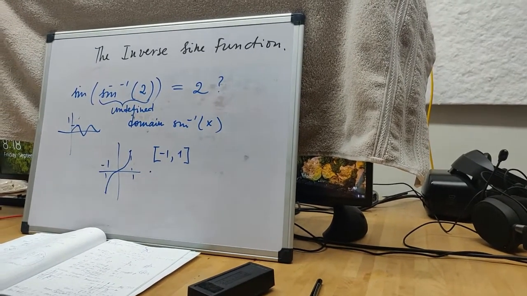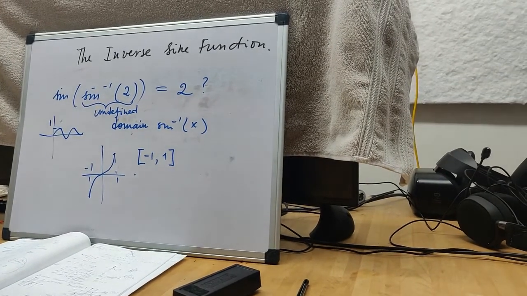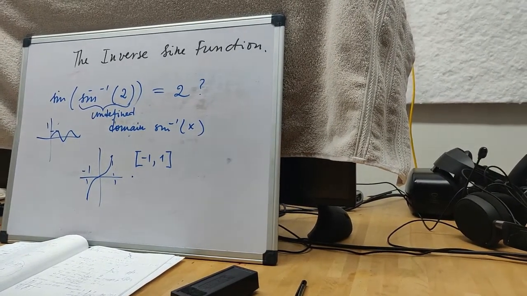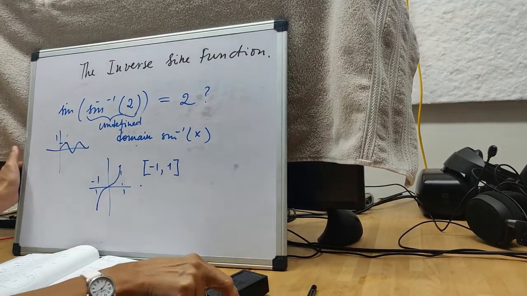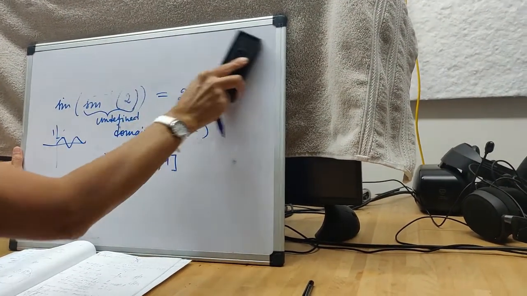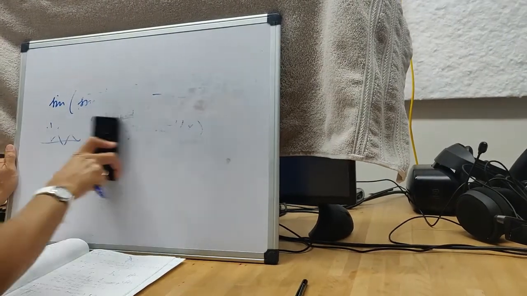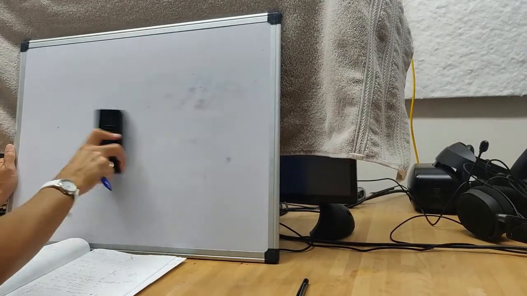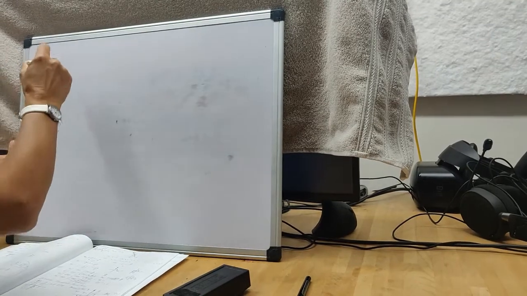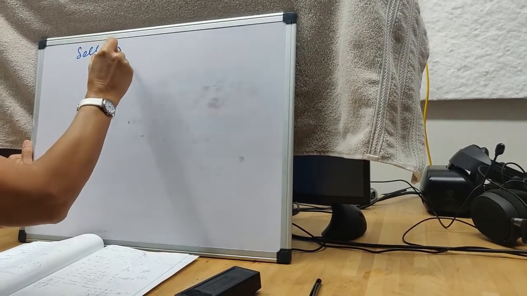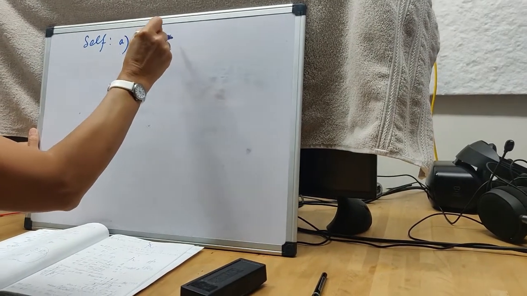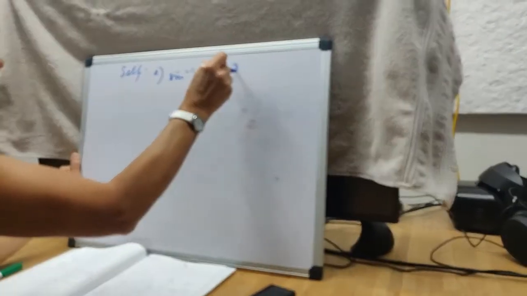Okay? Now, I'm going to write down 4 problems to solve on your own. I'll give you 2-3 minutes maybe. They're easy problems, and check the answers. Okay? So let me erase everything. You can pause the video during this time and take more time to solve the problems. So they're self-problems. A. Sine inverse of sine of pi over 3.